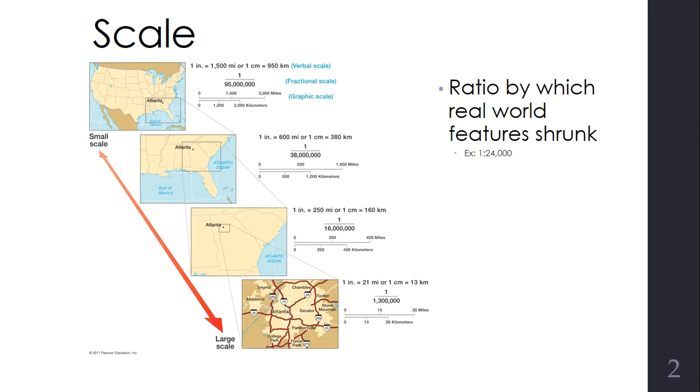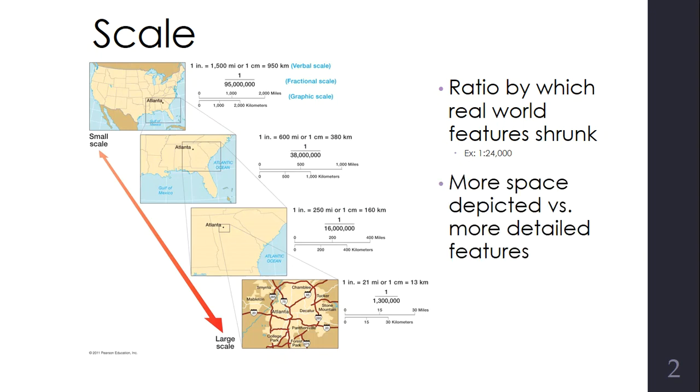And what that means is that 1 unit on the map equals 24,000 of those units in real life. So for example, 1 inch on a map would represent 24,000 inches in the real world. So we have to make a choice between more space depicted versus more detailed features.